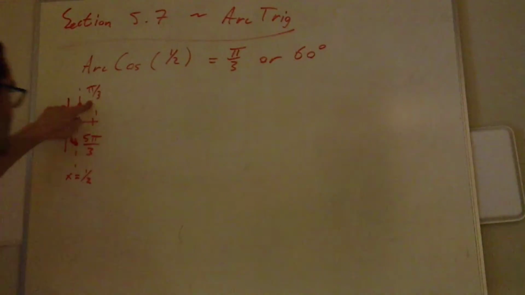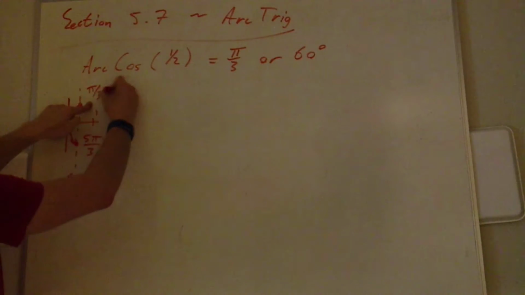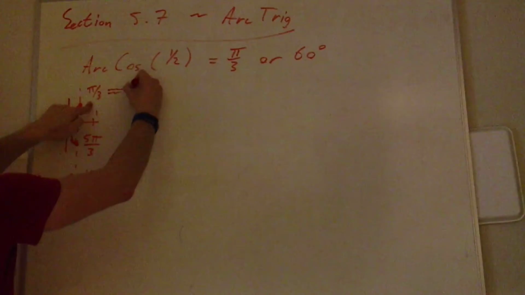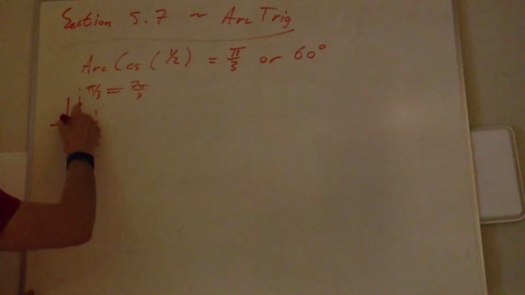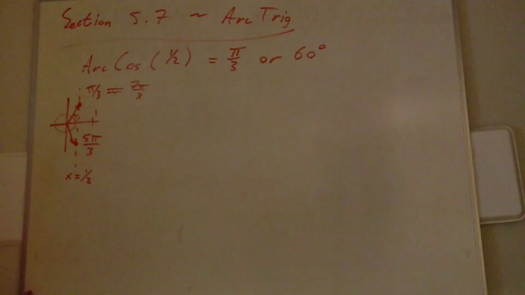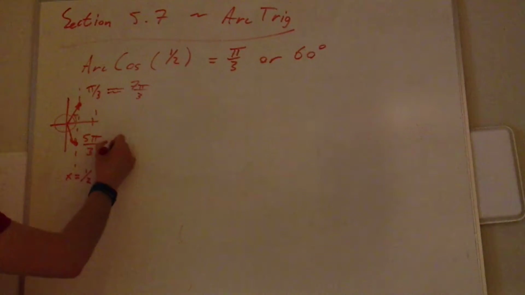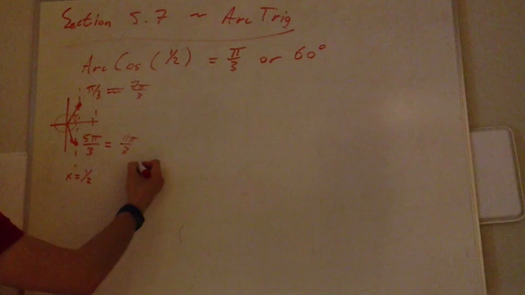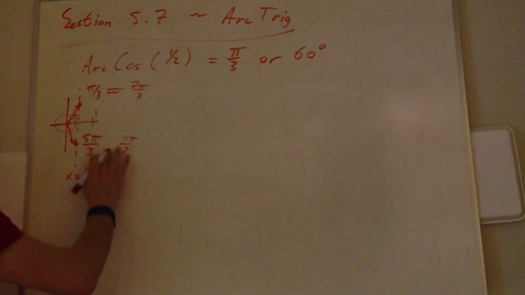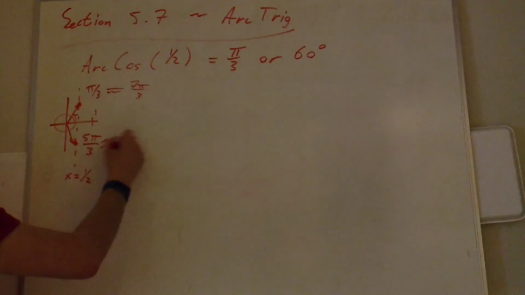This angle, pi over 3, is coterminal with 7 pi over 3. You can just do a full rotation and come back to there. This thing is coterminal with 11 pi over 3. I shouldn't use equals, I should say coterminal.